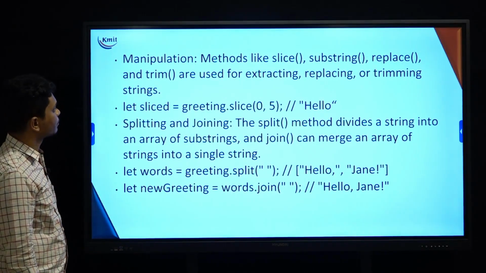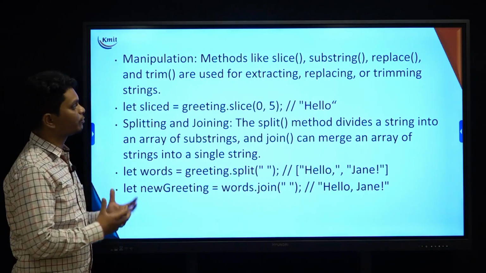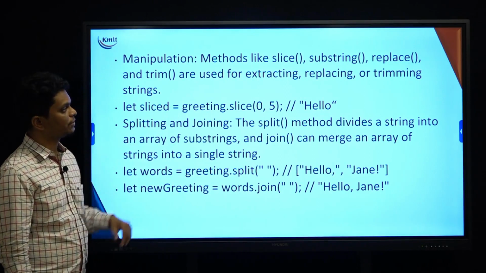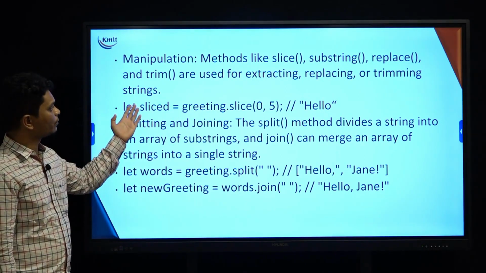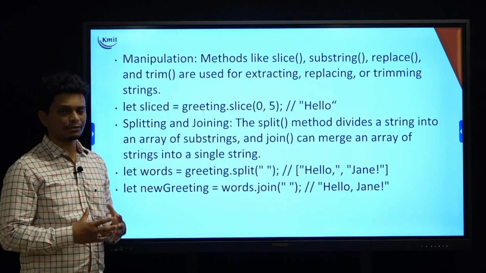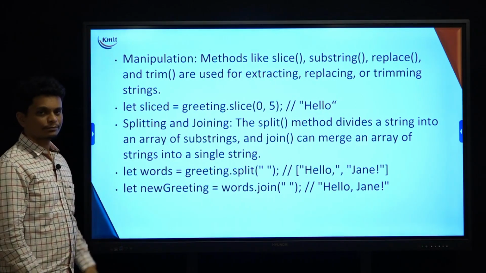Later, manipulation. We have various methods that manipulate the strings, like slice, substring, replace, trim. These are all used to extract, replace, and trim the strings. Let's look at a few.